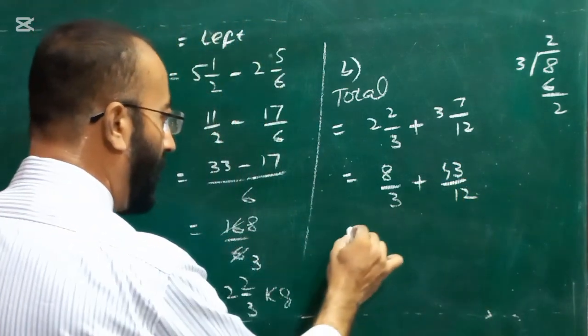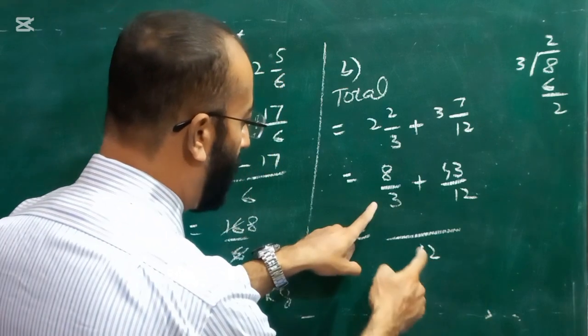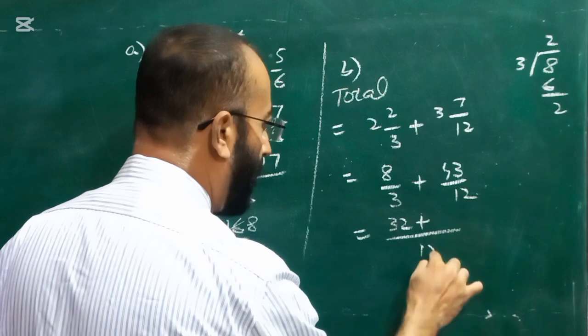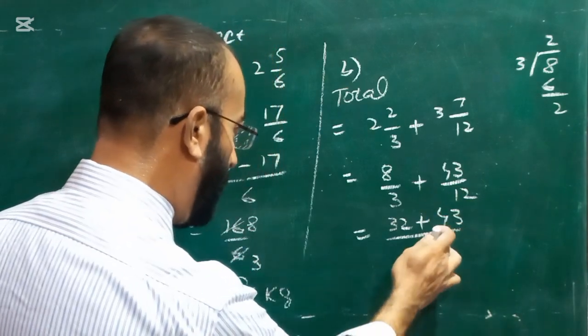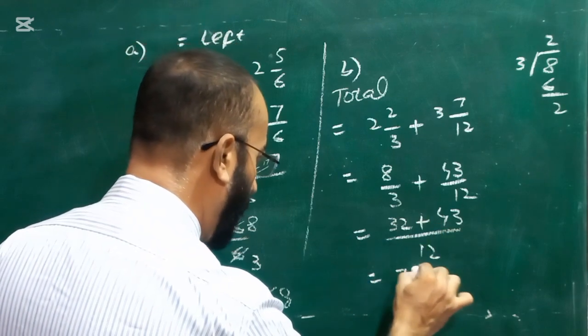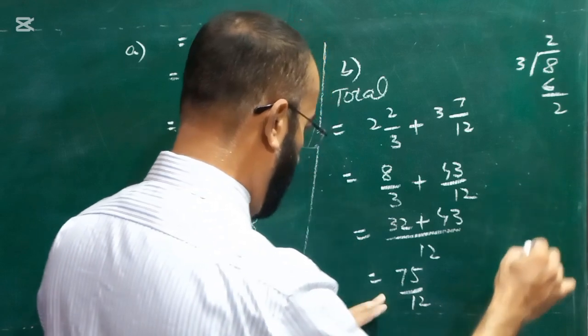Take the LCM of these two numbers. So 12 will be the LCM. So 3 4s are 12, 4 8s are 32, 12 1s are 12, 1 43 is 43. So add these two numbers, 75 by 12. Again, divide them.